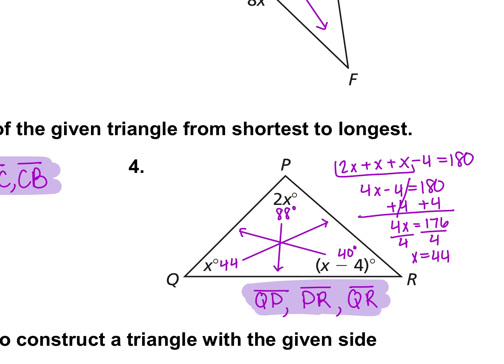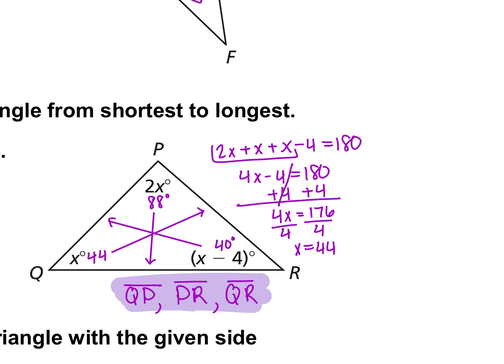Looking at number 4, I actually solved for X. You didn't necessarily have to do that. If you plugged in a random number for X, you would still get which is the smallest, the medium, and the largest. Let me give you an example.